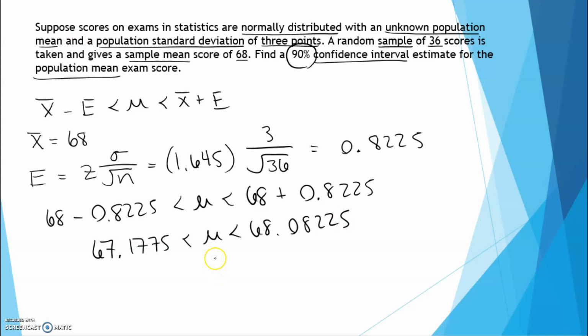Round to 3 decimal places, then that's going to be 67.178 less than mu less than 68.823.